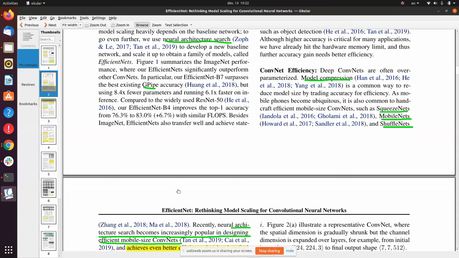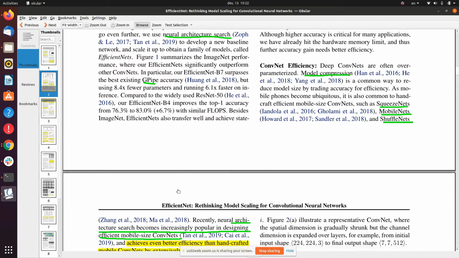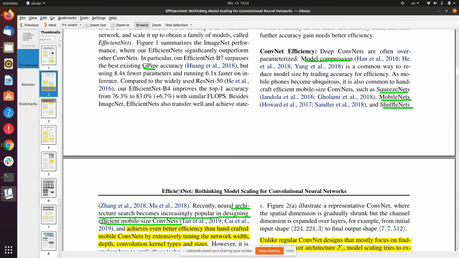I haven't really gone through SqueezeNet and ShuffleNet. I think with AutoML or NAS, neural architecture search, it is completely about how we create a search space.